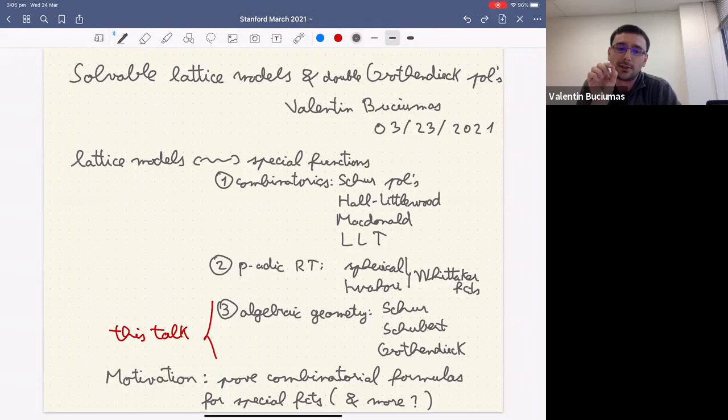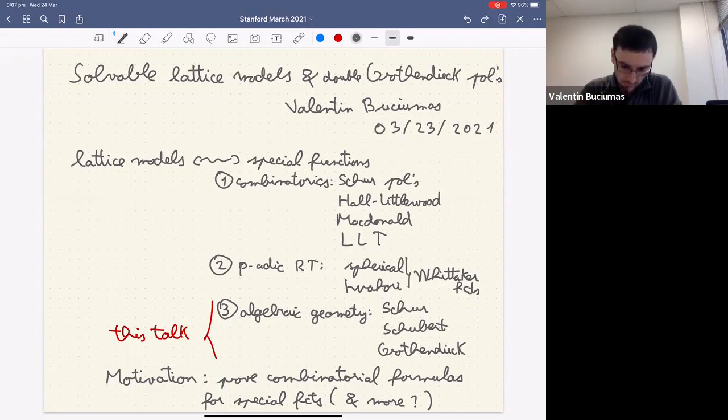So the main idea of this talk will be somewhat different to what Ben spoke about. In particular, we still want to prove some combinatorial properties of our special functions, but most of these properties will be of the type: I want to be able to write my function as a sum over certain interesting combinatorial objects, with some weights that are somewhat easy to compute.